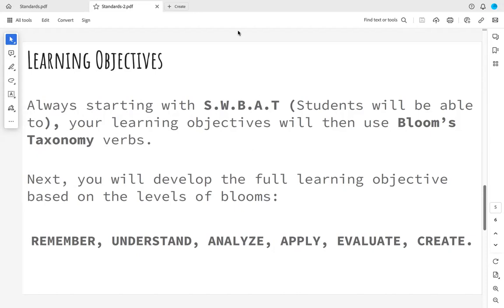Now we are going to take a second and construct these learning objectives together. I'm going to use the illustration that I showed you all, and I'm going to split screen that and create some learning objectives using that.